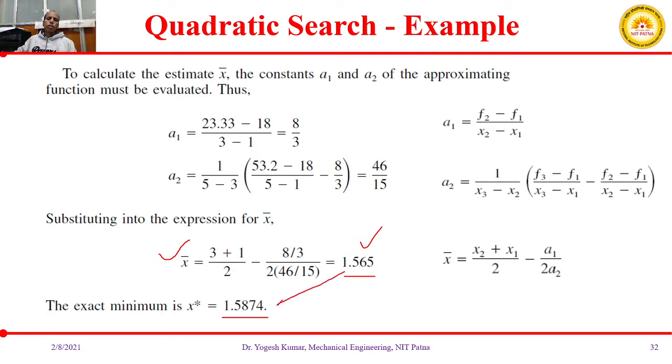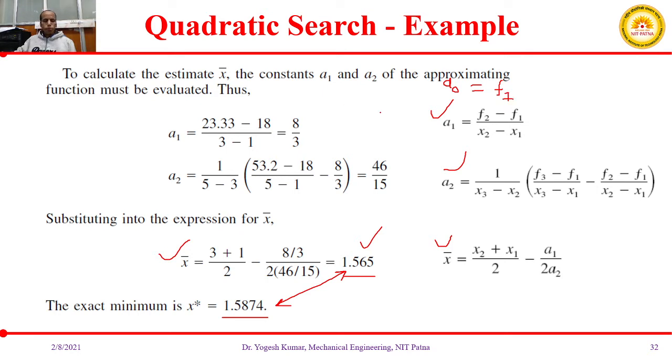If we see the difference between the exact value and the approximated value, it is quite low. So you have to remember these terms a1, a2, x bar as well as a0. a0 was equal to f1.